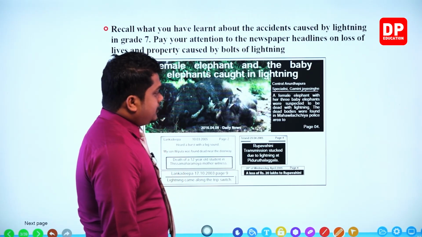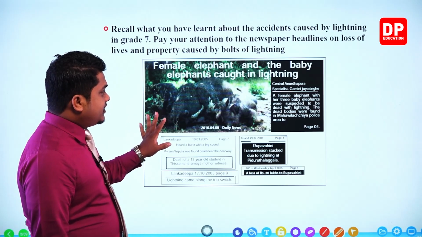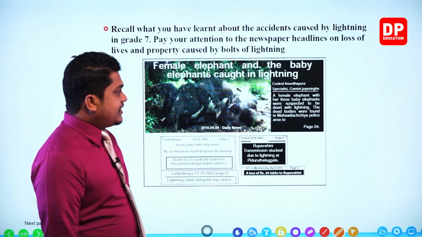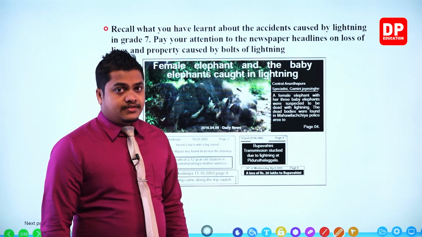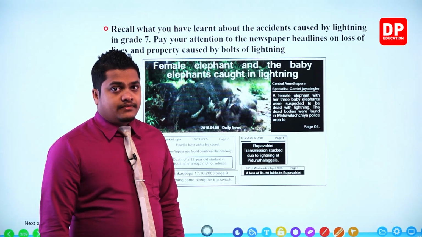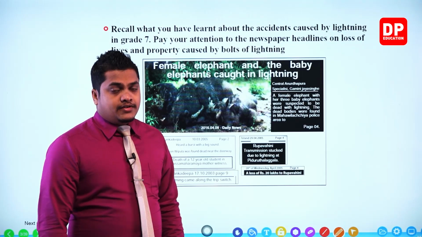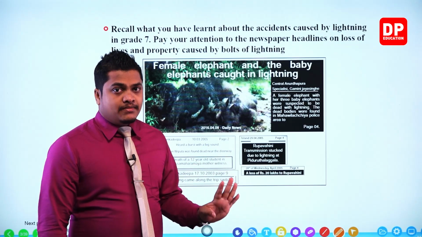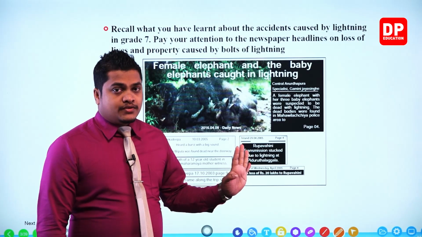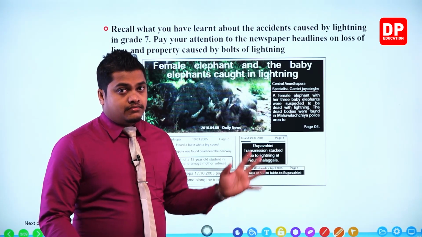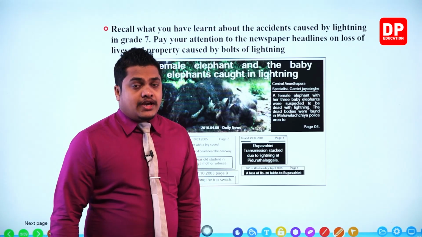So as you can see here, 3 baby elephants and a female elephant died because of lightning. So 4 animals were killed by the lightning bolt. Now you know that elephants are large animals, no?